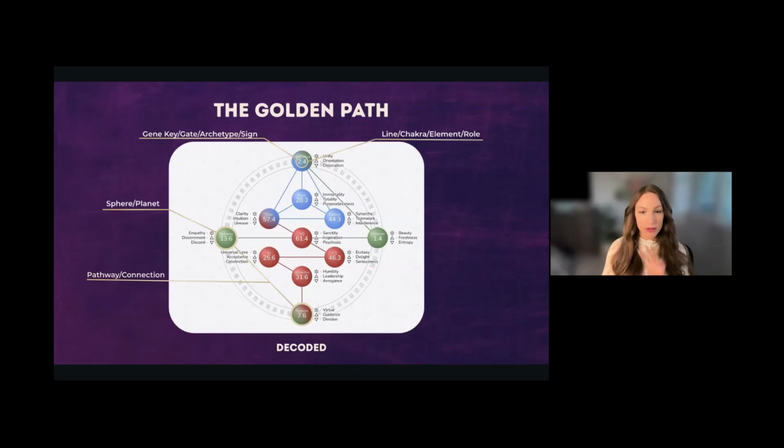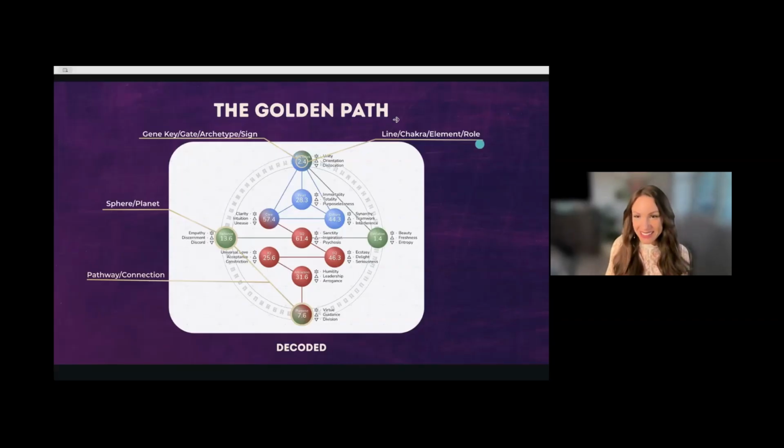So anywhere you have that in a chart, you can see, oh, that's the kind of archetypal role that is together with this gate. I also often say that the line or the chakra, the element, the role, this thing here, is really what unlocks the actual gene key archetype. This is about embodiment.